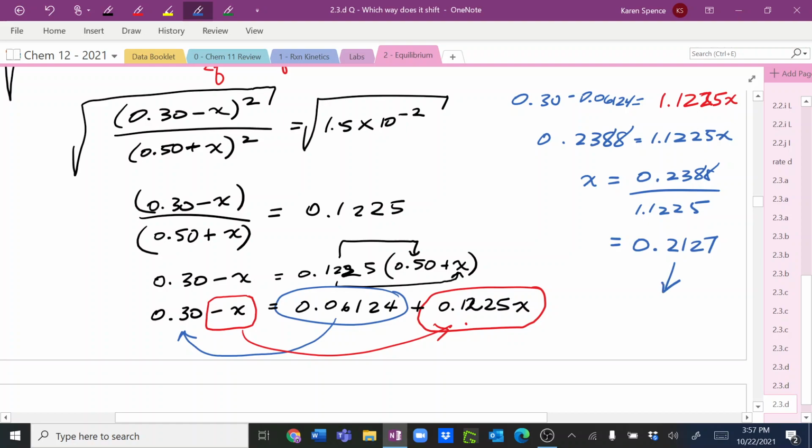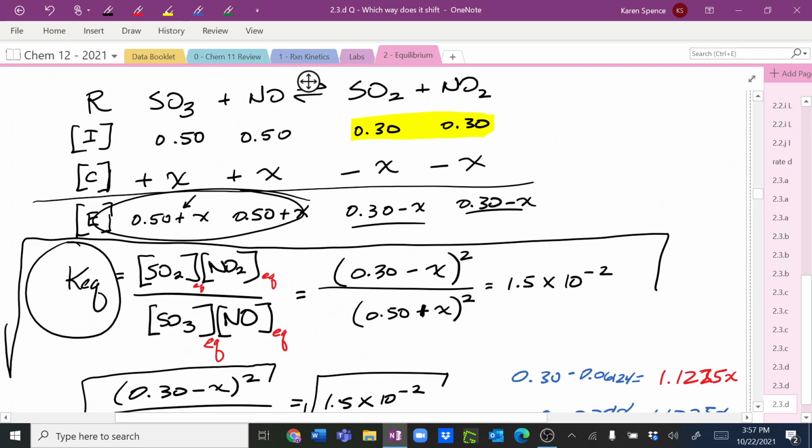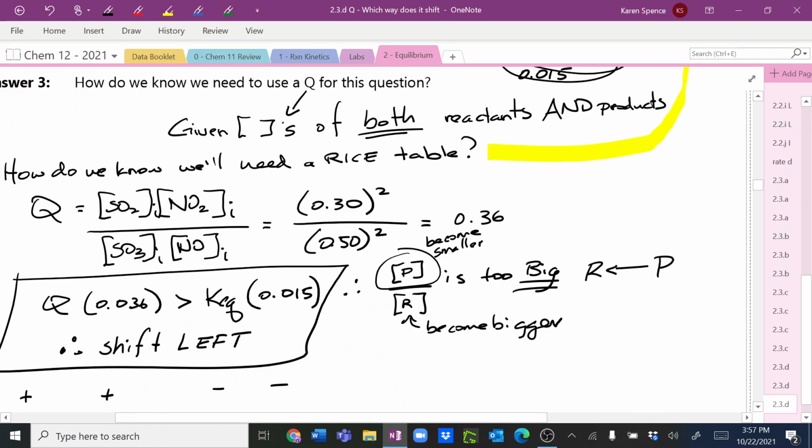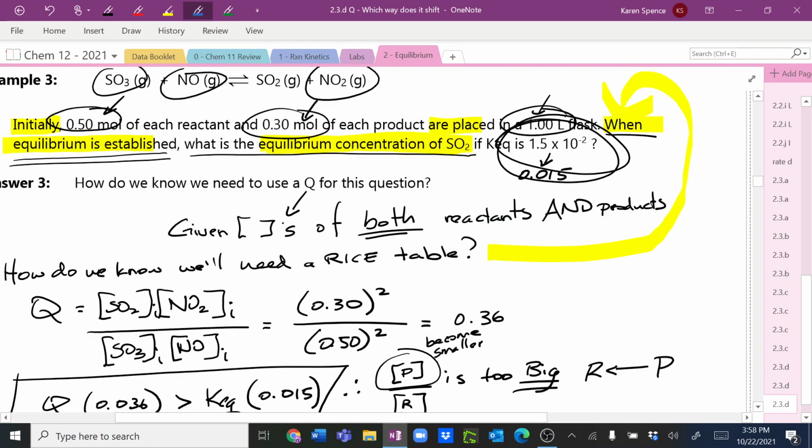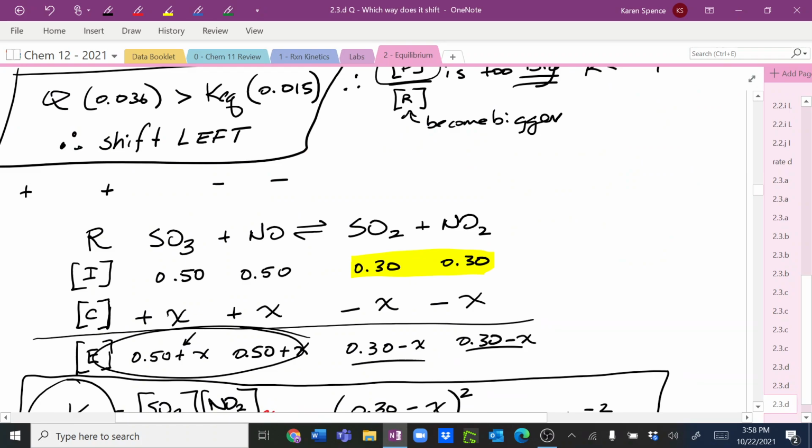Oh, that's awesome. But remember, when you get an x, you have to go back and say, what did I actually want in this question? What I actually wanted was the equilibrium concentration of SO2. So go to our RICE table and look, what is the equilibrium concentration of SO2? 0.30 minus x.